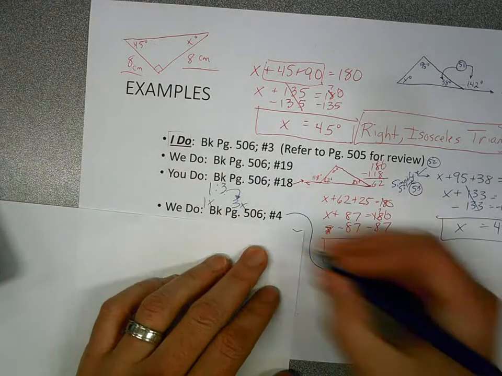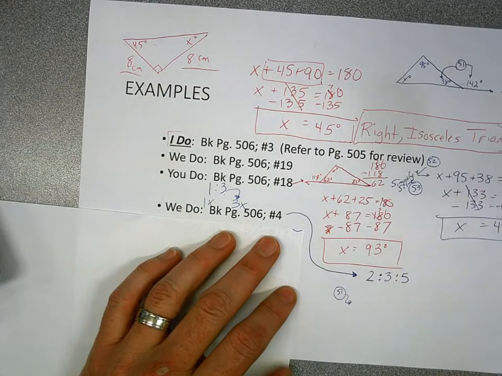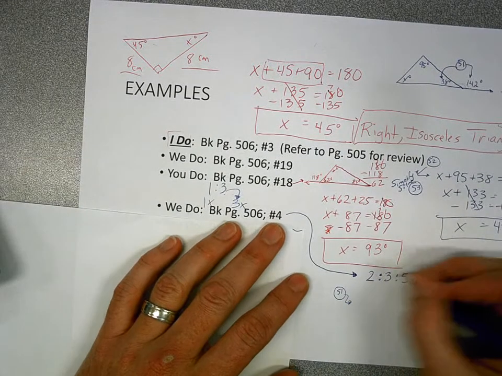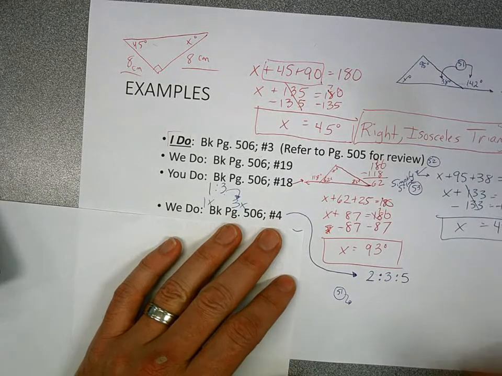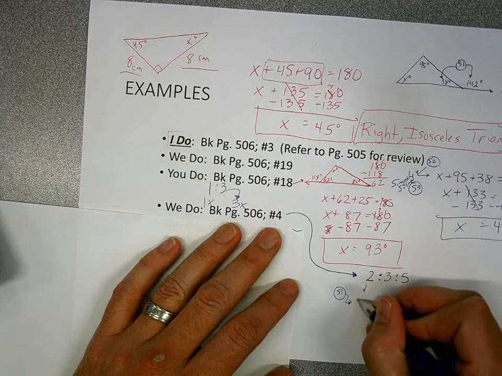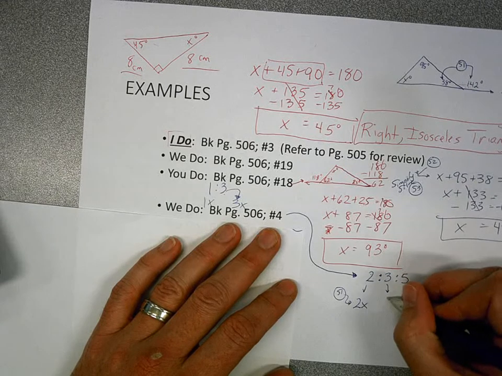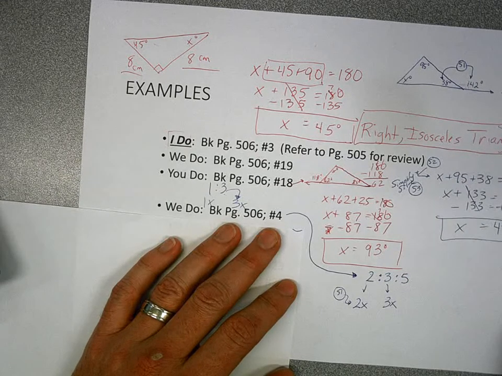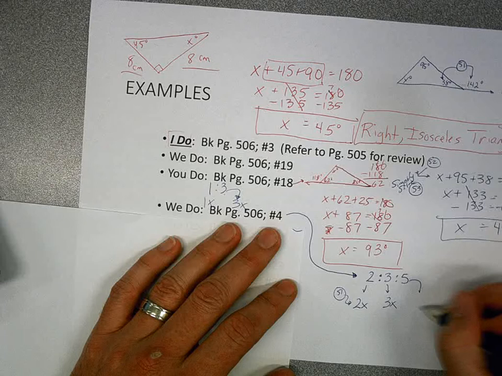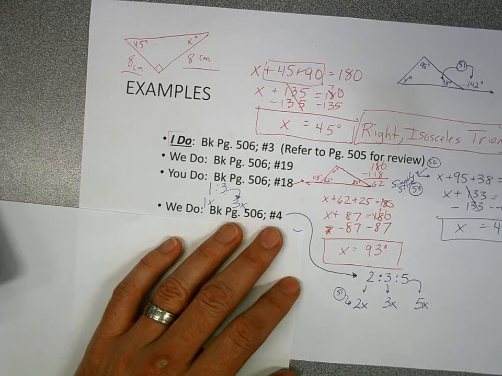Because of what we just talked about earlier, we're going to relate all of these to x. So 2 becomes 2x, 3 is 3x, and 5 would be 5x.